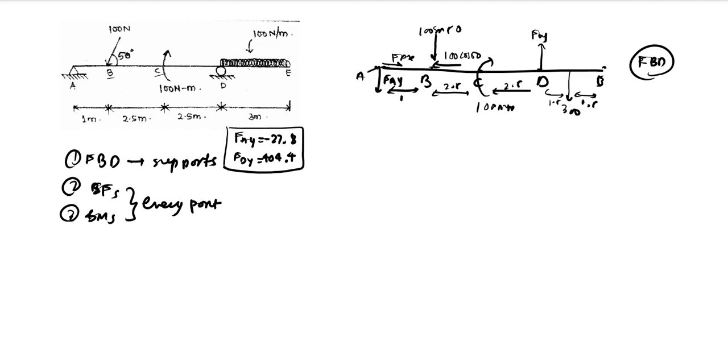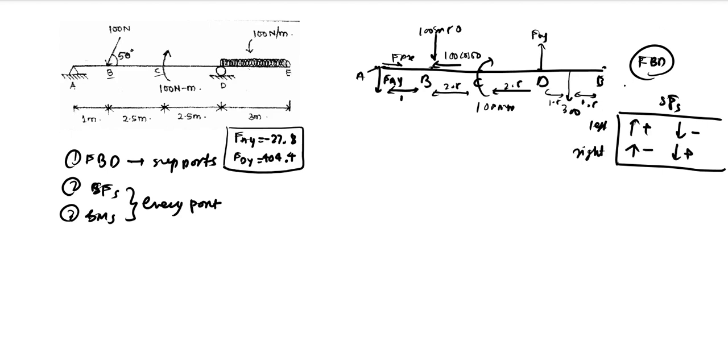For shear force, whenever you are calculating from the forces on the left, we have upward as positive and downward forces as negative. Whenever you are calculating from the forces on the right, we have upward forces as negative and downward forces as positive. Let us see how we can apply this sign convention to the problem.